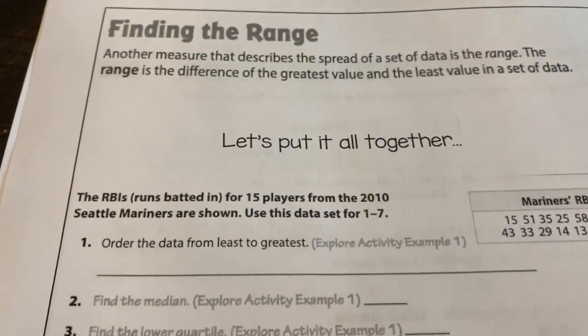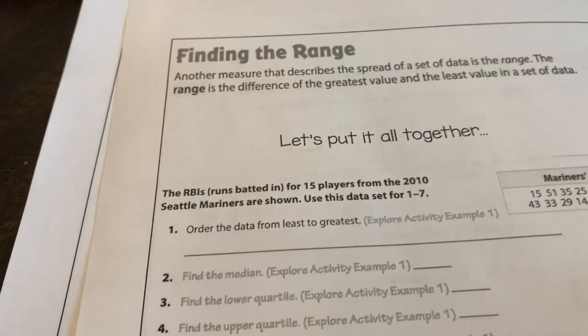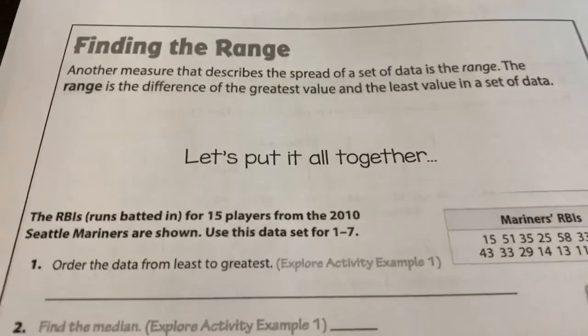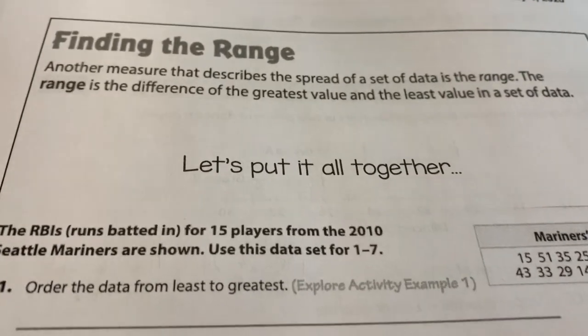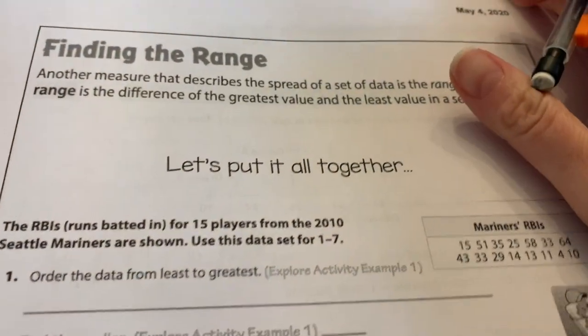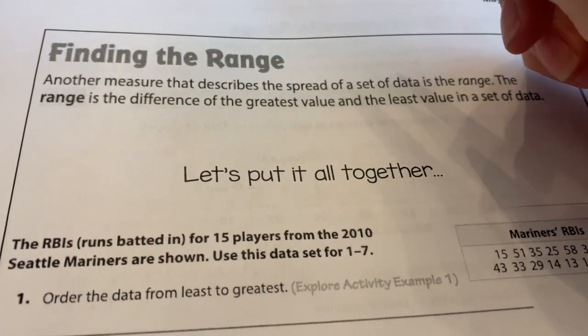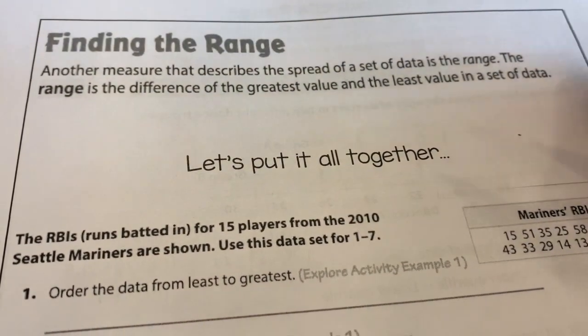Okay, to finish up, we're going to talk about finding the range. Super, super easy. The range is the most common measure of spread that people know what to do, because it's one of the first things you ever learn about when you're doing statistics. You do the mean, median, mode, and the range, right?